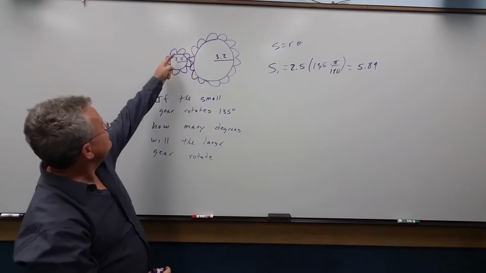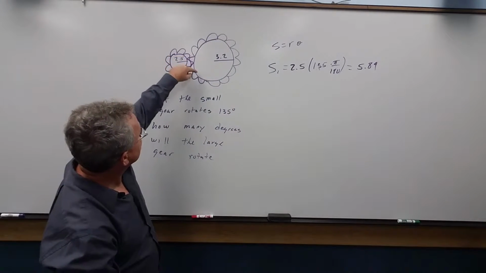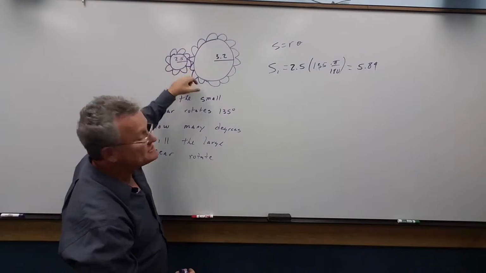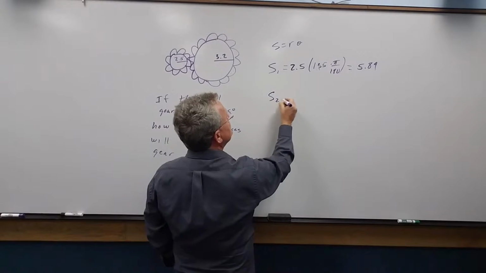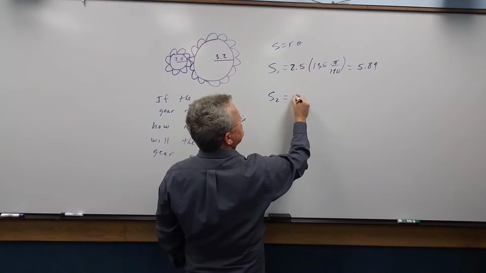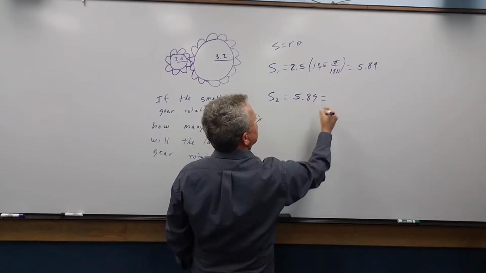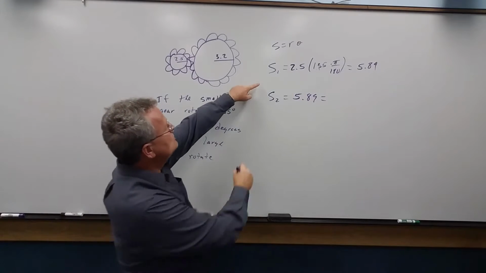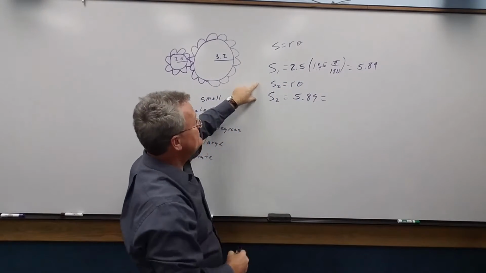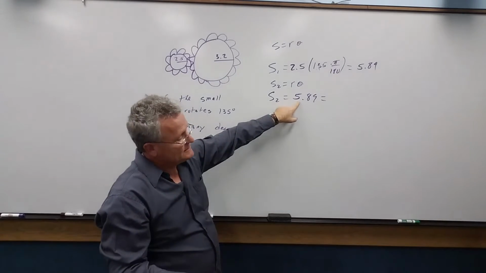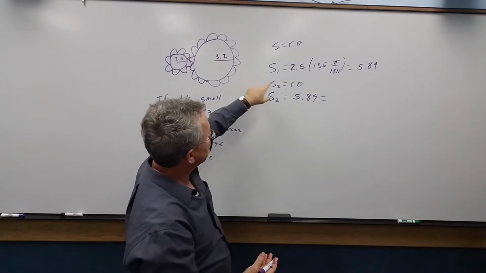Okay, so that means that's the distance this turns, which means this is going to turn the same amount of distance. So S2 has got to spin the same amount. So S2, what we're using as S2, is going to be R theta. S2, the outside distance is the same.